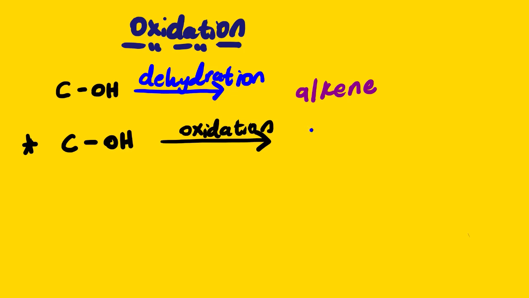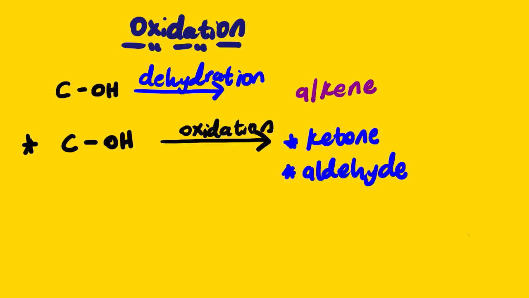The first one might be a ketone. I believe you've watched the lesson video based on a functional group, which is a ketone, or an aldehyde. Also, there is a lesson video explaining this in detail, or a carboxylic acid.